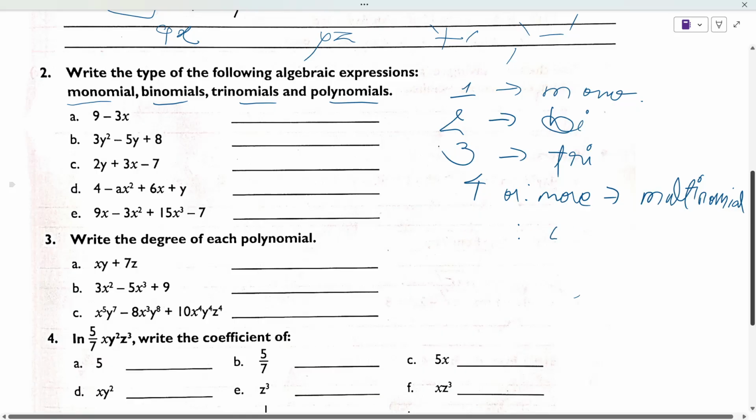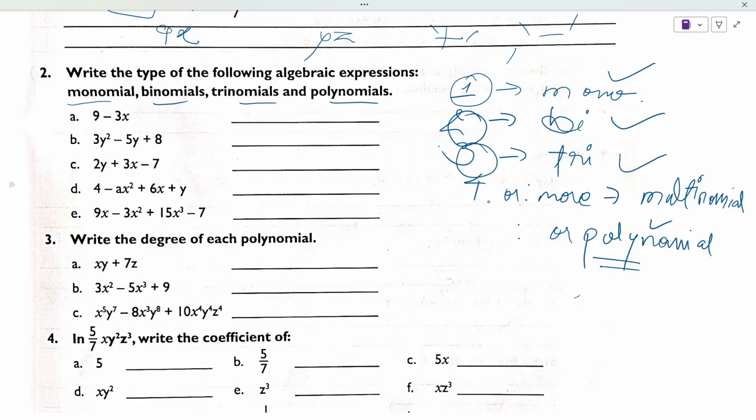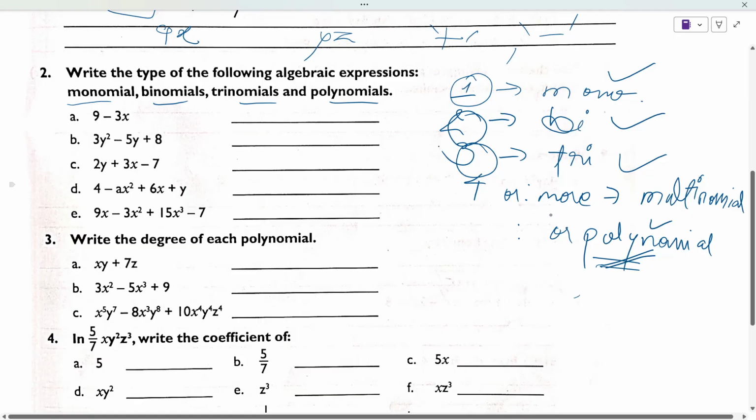So multinomial, or currently from the class 8 point of view, you can use the word polynomial. And there is a logic behind this, that polynomials in general are all these expressions. Even monomial is a type of polynomial, binomial, trinomial, all these are polynomials, but they have a specific name on a particular condition, so we will use them, wherein for the four or more term cases we can go with the word polynomial. Fine.